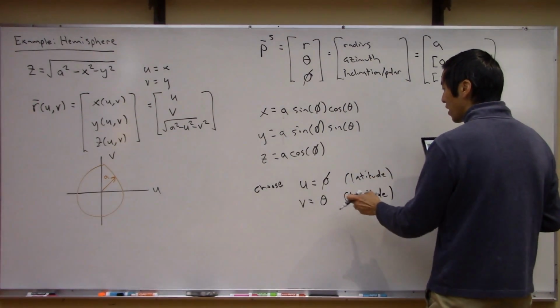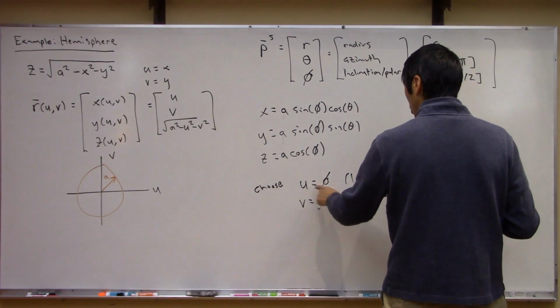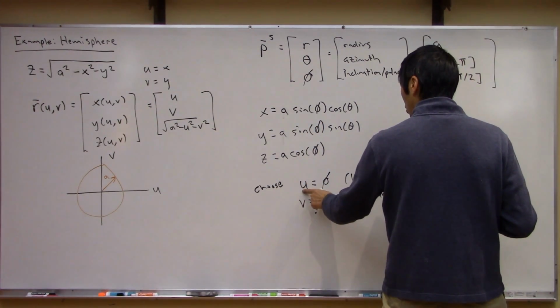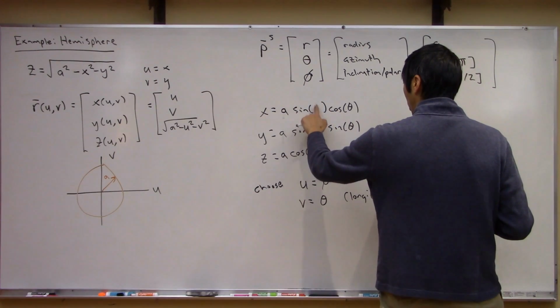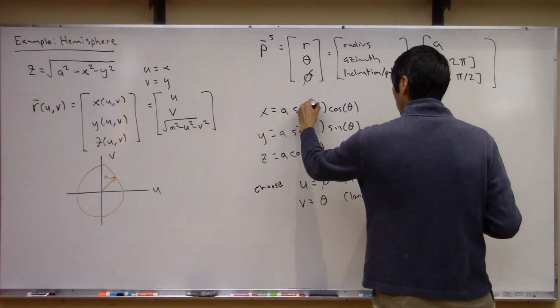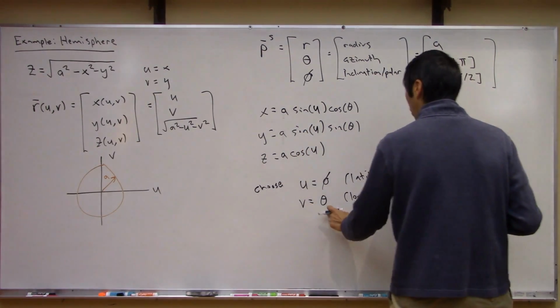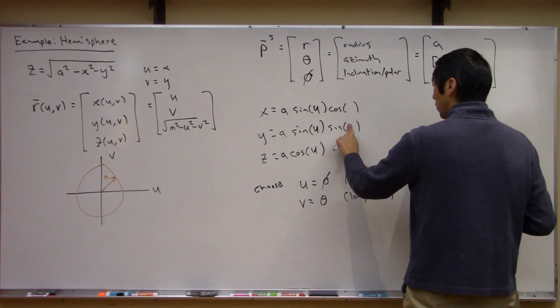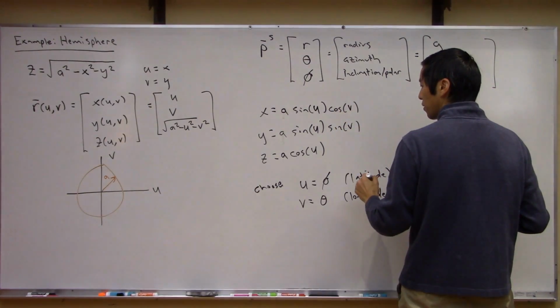So in this case, we basically just need to make all these replacements. u is phi, so let me take out all these phi's and replace them with u's, u, u, u. And take all the thetas and replace them with v's. That's it.